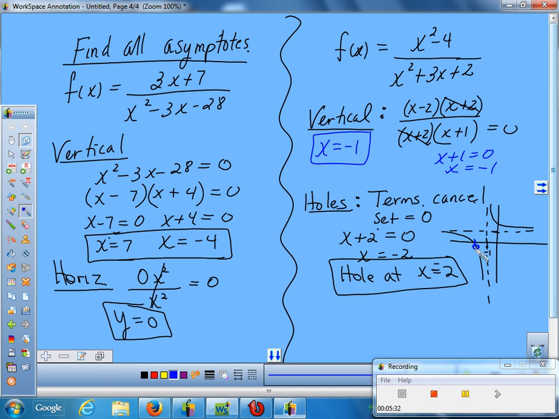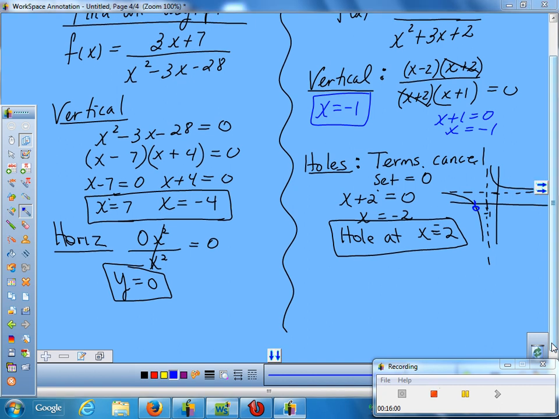If you are on your calculator doing trace and just tracing along the graph, when you get to -2, there'll just be no coordinate or point there. It's literally a hole in the graph. It's very weird. You can't really shade the hole. So this one would have a vertical asymptote and a hole.